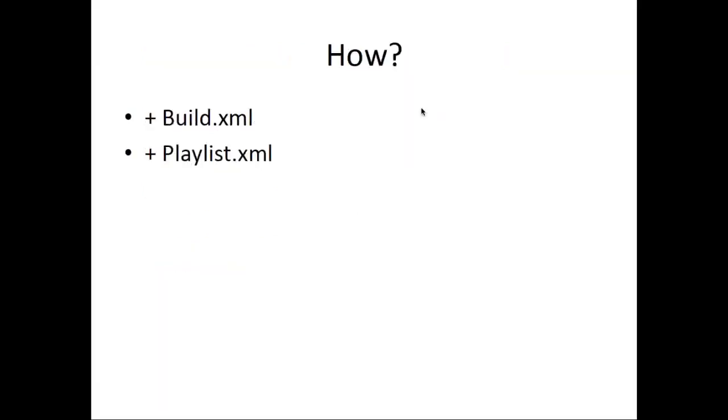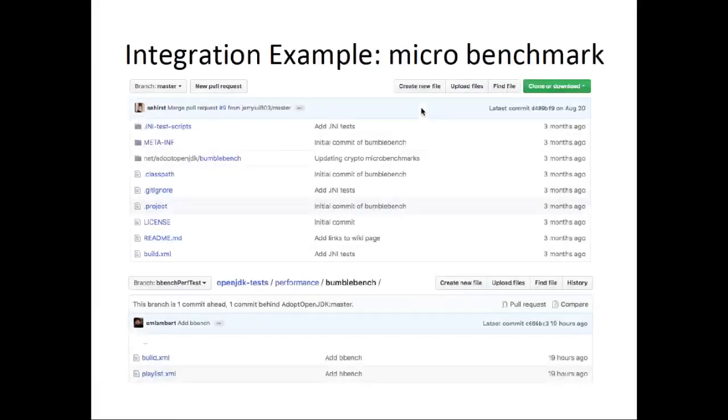And how do we do it? We bring in the build and playlist files. Looking at the integration example, say we have this cool BumbleBench tool created by the JIT team in Toronto, and we want to run all of the micro benchmarks contained there.